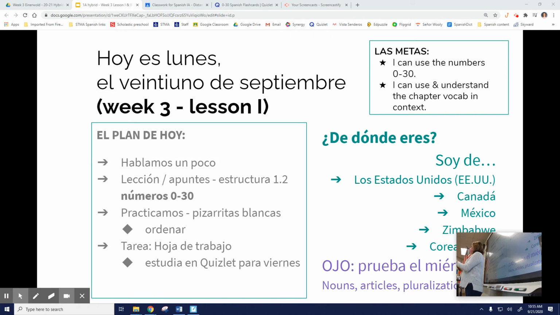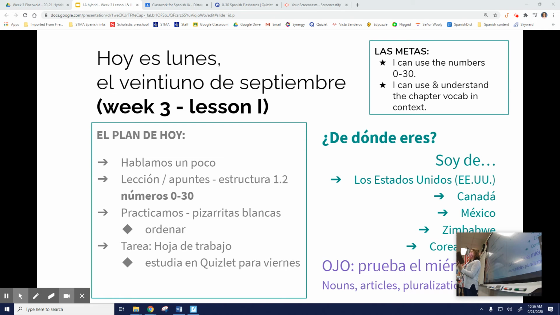Bien. Sí. 17. Escribe, por favor, el número 27. Sí, 27.